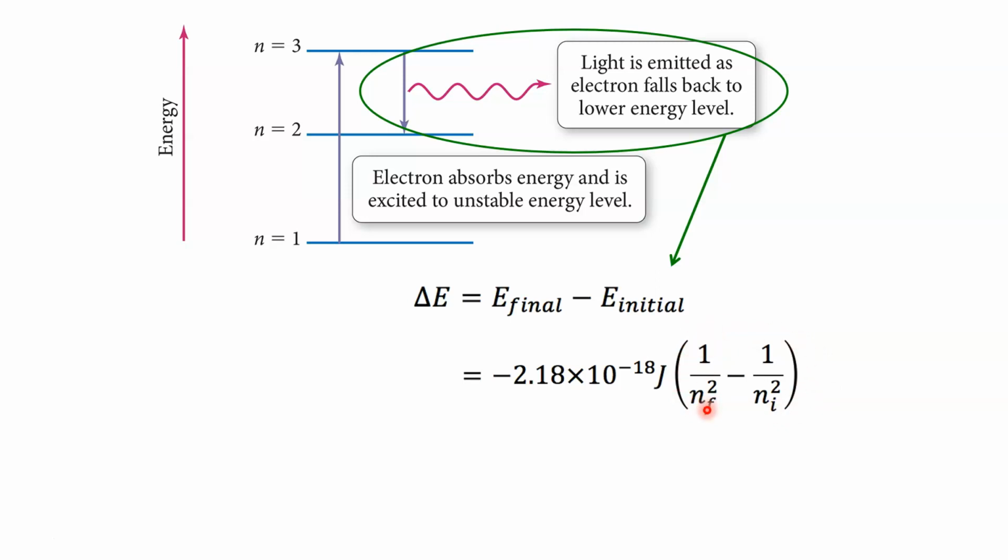But if we're looking at the difference in energy, we can use this equation to solve that. Now, there's a negative sign here because the electron's losing energy. So make sure that you keep your signs as they are because that's really, really important. It tells you if your electron either gained energy through excitation or lost energy through emission.